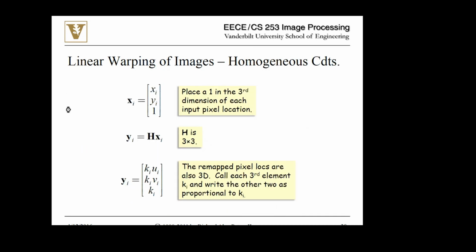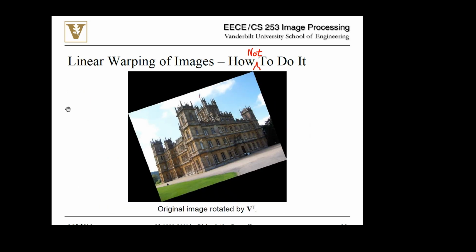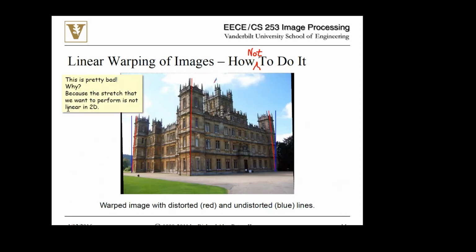Okay, so it says how not to do it. All this theory is very fine, but we didn't succeed. We didn't make our estimate. Why? Because perspective is a 3D transformation. Perspective is something that happens when you go from 3D to 2D.